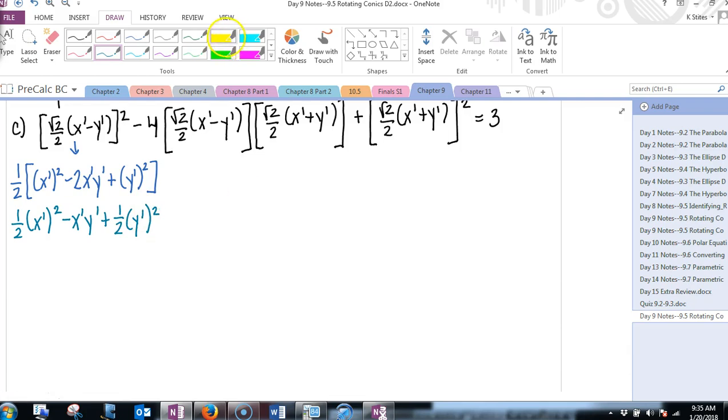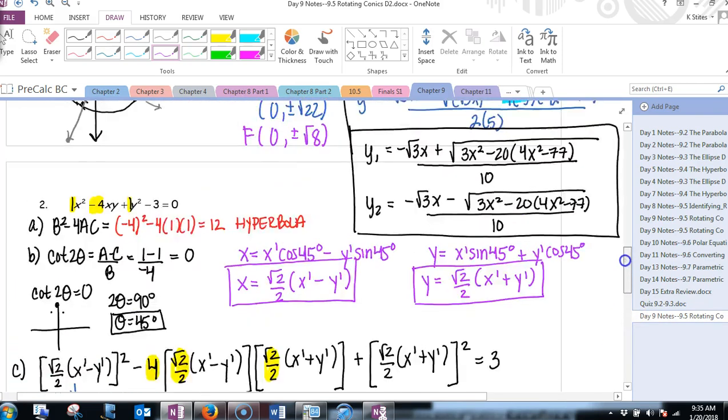The second part, if you'd like, you can multiply all of these together right now just to be done with them. Root 2 over 2 times root 2 over 2 is 2/4, which is 1/2. 1/2 times -4 is -2. I'm still going to have to distribute that -2. And then x prime minus y prime times x prime plus y prime, because your x coefficients are the same as each other and the y coefficients are the same as each other, then this is difference of squares.